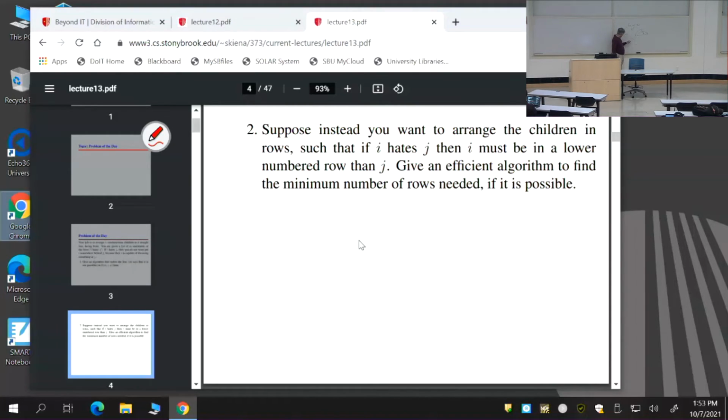You can't have an edge within a rank. But does everybody kind of see what I want to do now? I want a topological sort into kind of platoons, okay? Such that all edges go from left to right while minimizing the number of platoons. Can anybody give me an idea how I would do this?